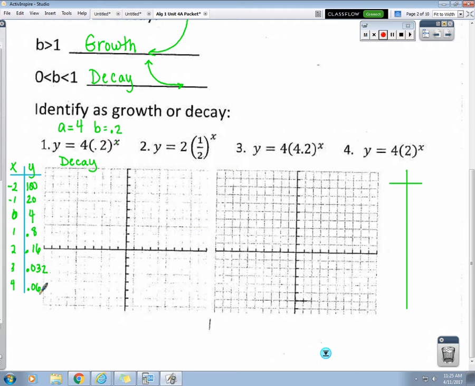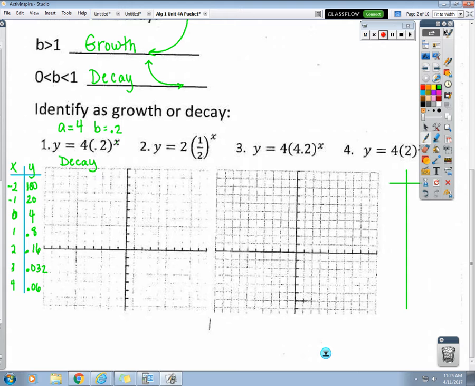What do you notice? Oops, I forgot the second 0. Correct. The larger your x value gets, the smaller your y value gets.